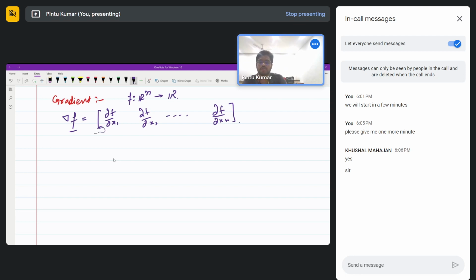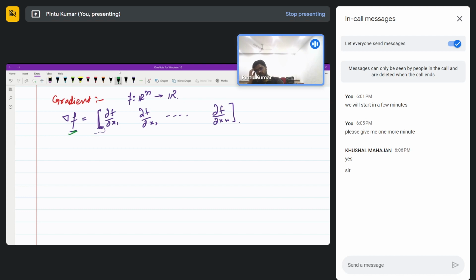Now there are two very important properties of the gradient that I'm not going to prove but I'm going to state. First of all, whenever you calculate the directional derivative, it gives you the change in function if you move a little bit.